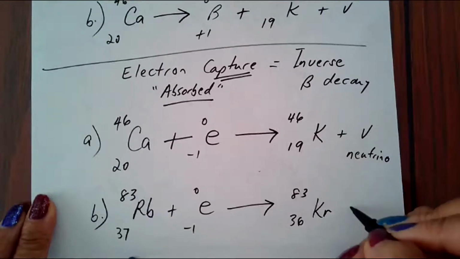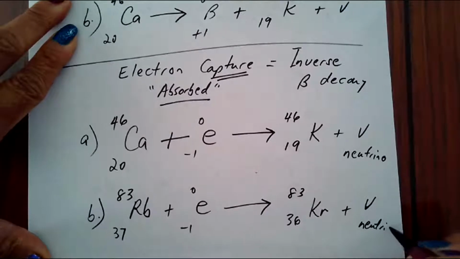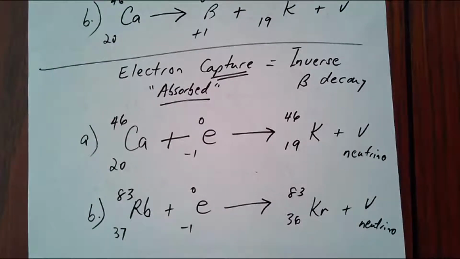So krypton plus a release of a neutrino. So this is another way that a neutrino is released, through electron capture or inverse beta decay. It is exactly like a beta decay, except an electron is absorbed as opposed to released.